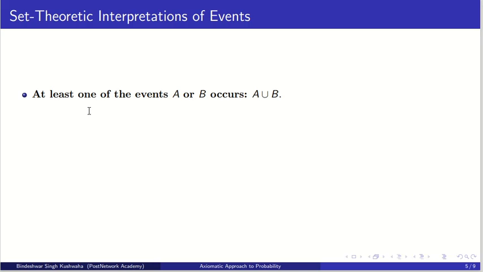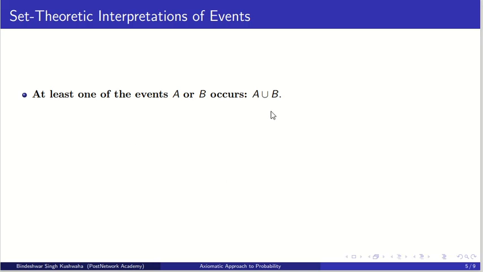Let us see some set theoretic interpretation of events, and that will help to understand many concepts in probability theory. If at least one of the events A or B occurs, how will you write?